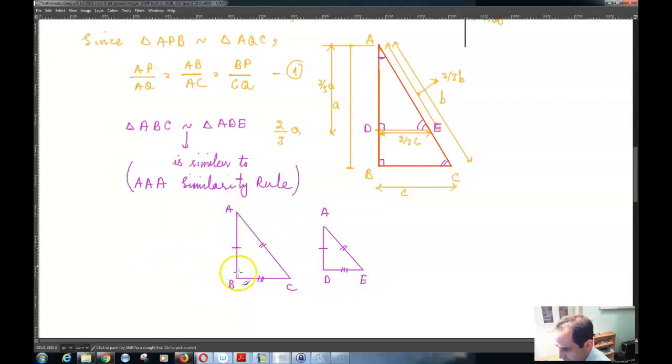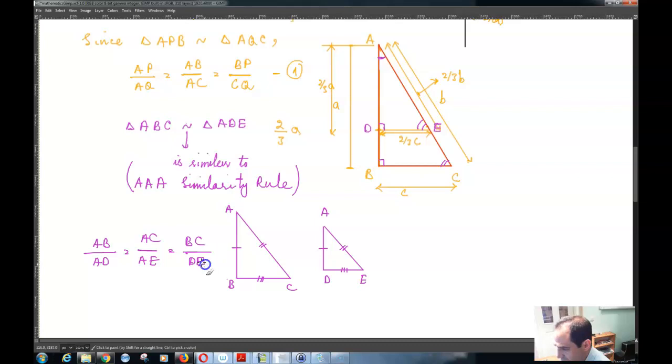So then you can form a ratio between the corresponding sides of the two triangles, meaning that you can write AB to the corresponding side here, AD, is equal to AC to the corresponding side, AE, and then you can write BC to the corresponding side, DE.